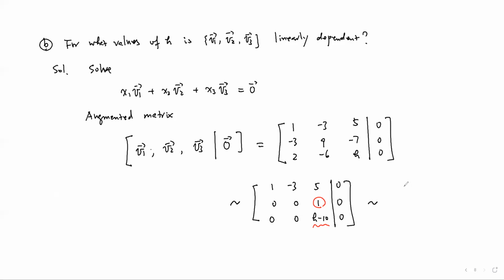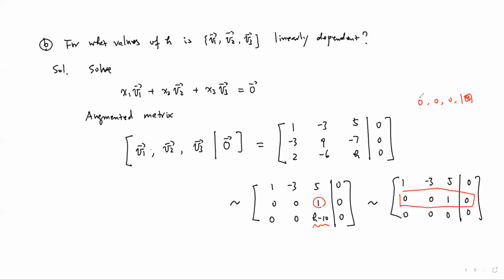Then I get echelon form. About this linear system, the bottom non-zero row is this row. But this row is not in the no-solution form. If a row is in that form, there is no solution, but it is not in that form. So this linear system has a solution.